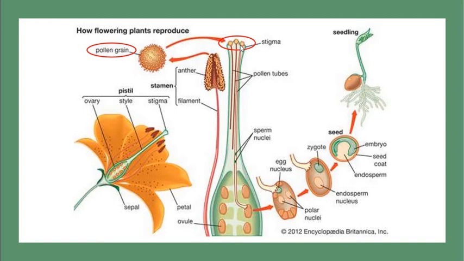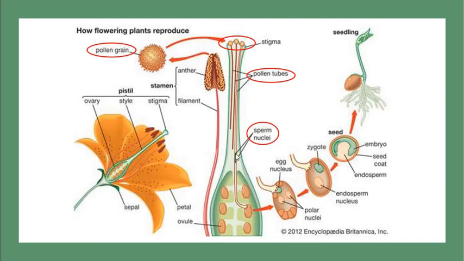Now, pollen actually has specialized enzymes with the sperm that then will start digesting these pollen tubes down through the style. And the sperm will travel down these pollen tubes, and you can see right here it says sperm nuclei. Not one, but multiples.